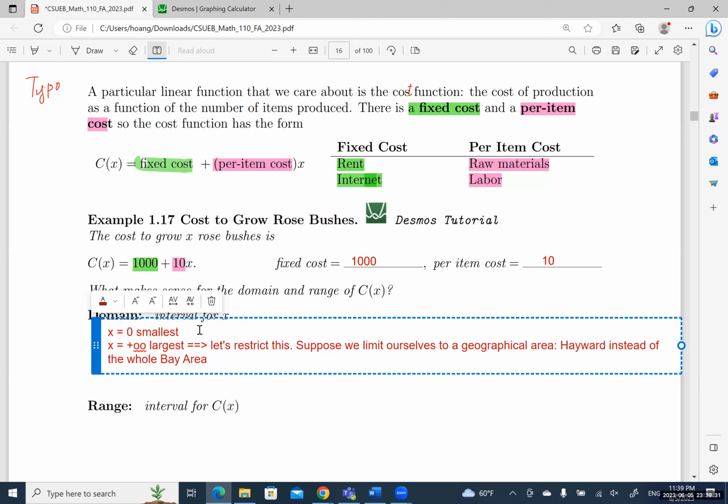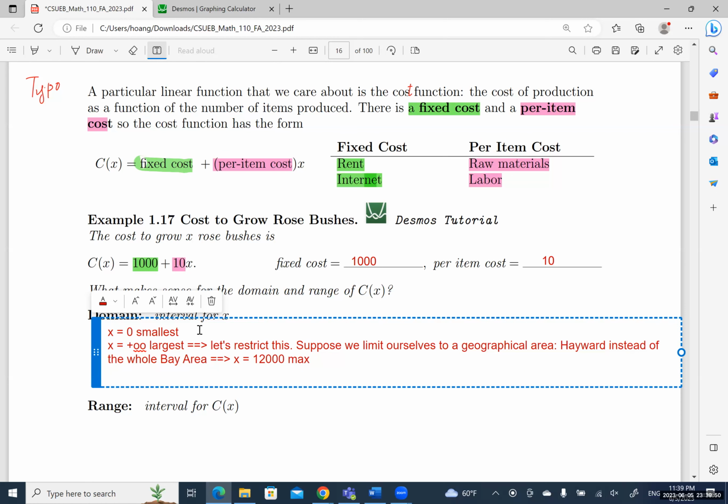So that means I can say x is going to be equal to 12,000. x maximum can be 12,000.